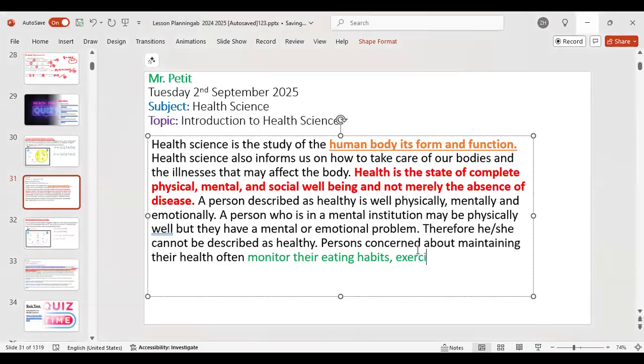They exercise, right? And they visit the who? Doctor. Very good. So should you only visit the doctor when you're sick? You should go for a checkup. How often should you go for a checkup?